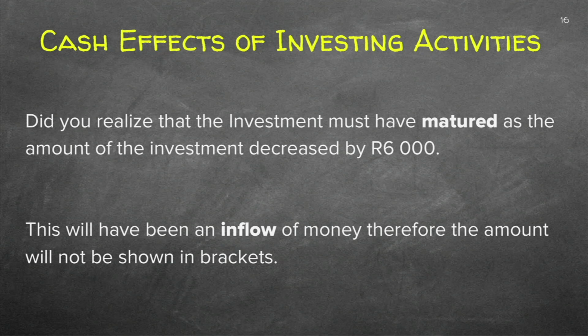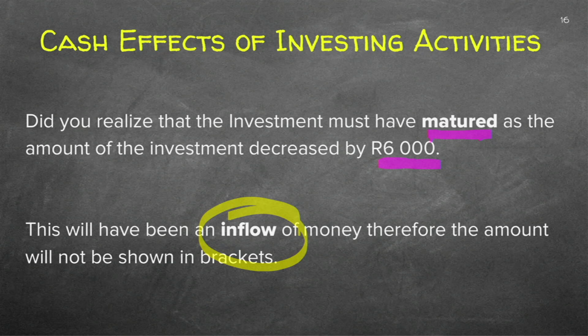I'm literally on this slide just repeating, and let's reinforce. So you realize that the investment must have matured as the amount of the investment decreased by 6,000 Rand. Again, this would have been an inflow of money, and you know that with inflows, there will be no brackets.